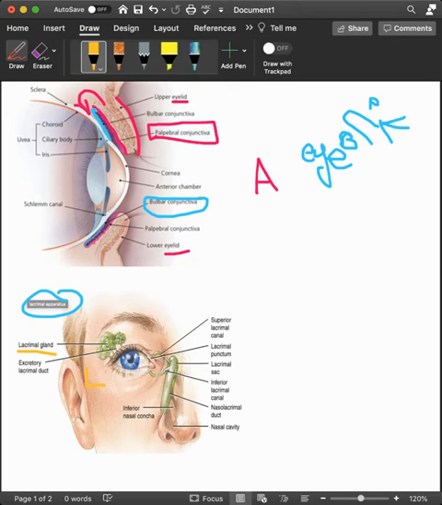There are ducts that kind of swoop into and around the eye and come into different canals. Okay. So the tears and mucus can either be distributed just kind of across the eyelid, or they can come down the canal and exit through the nasal cavity.